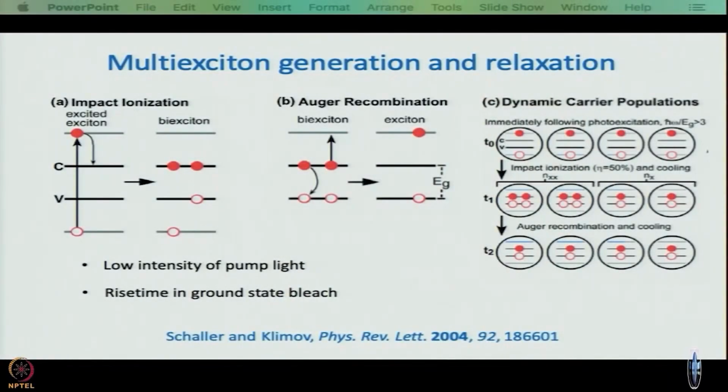So, the question one can ask at this point is, so what? This happens, great. So, what is the need of getting excited about this? Well, this multi-exciton generation actually has a rather elegant application, and that application is I am going to excite using one photon, and I am going to generate not one exciton, but several excitons.